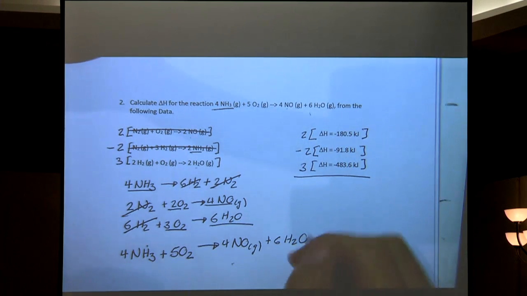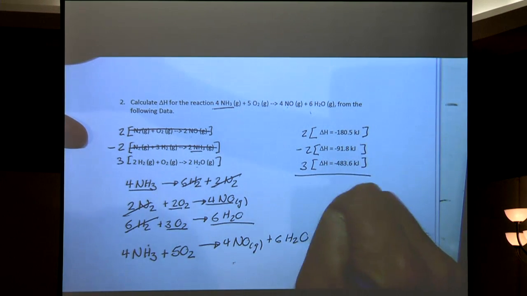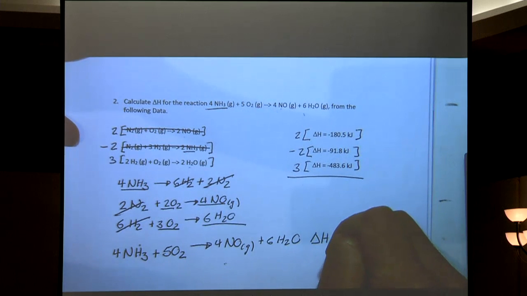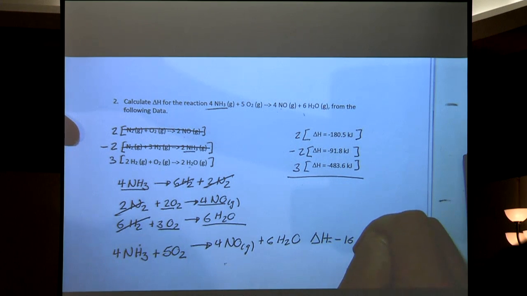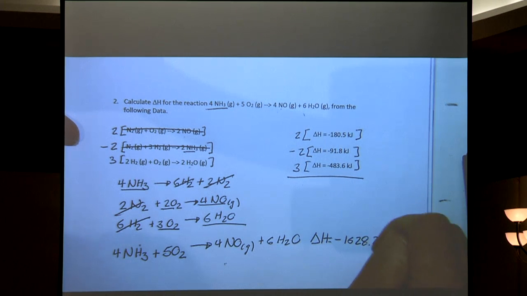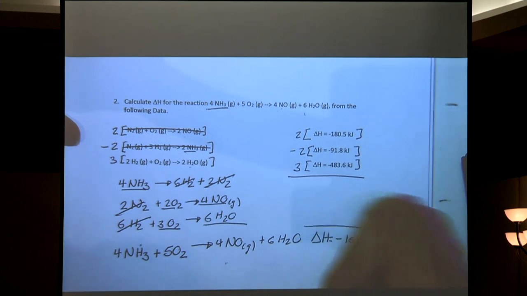And we get a delta H for this reaction of negative 1628.2 kilojoules. Does everyone agree with my answer?